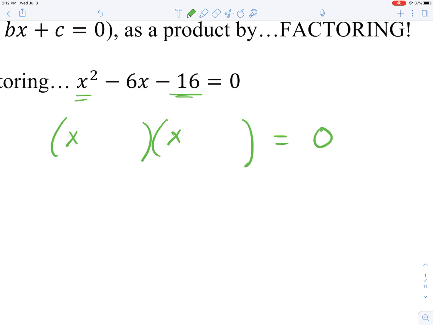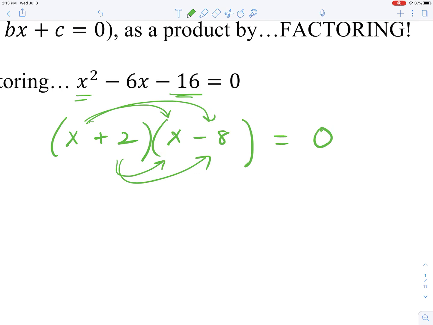So I'm going to think, okay, x times x, if I were to multiply this out, would give me that x squared. Now I need to think about two numbers that when multiplied together would give me negative 16. What first comes to mind would be either 2 and negative 8, or negative 8 and positive 2. Well, I need those numbers to add to negative 6. So I'm going to use positive 2 and negative 8.